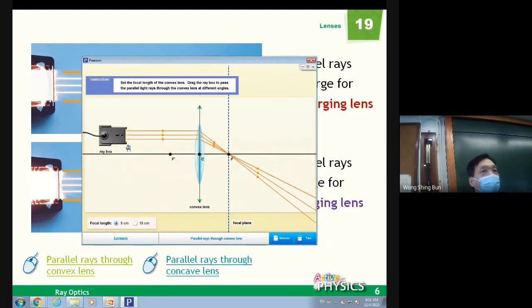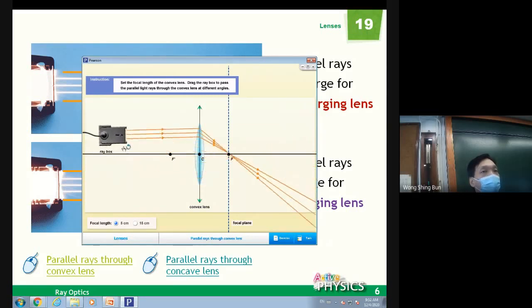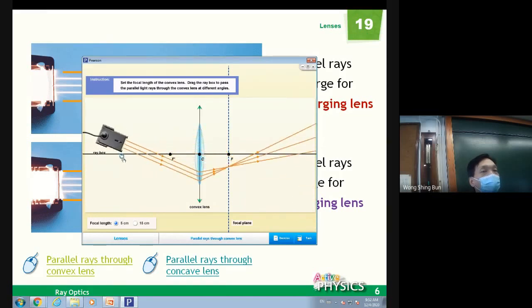But now, if I turn it, can you see it? You can see that all the light will have an intersection point, but not on the principal focus. It will be on the focal plane. But where is the focal plane? Actually, the focal plane must pass through the principal focus.